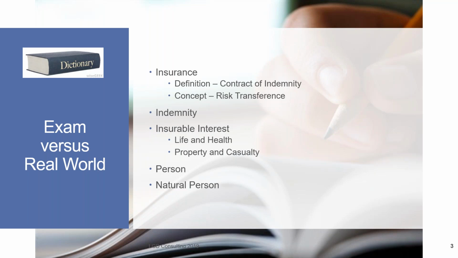Now, it's a contract to indemnify you because you suffered a loss from an uncertain or unknown event. In insurance, the loss must be uncertain. If it's a certain loss, insurance companies will not issue a policy.